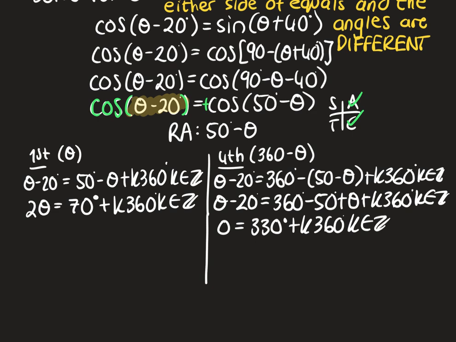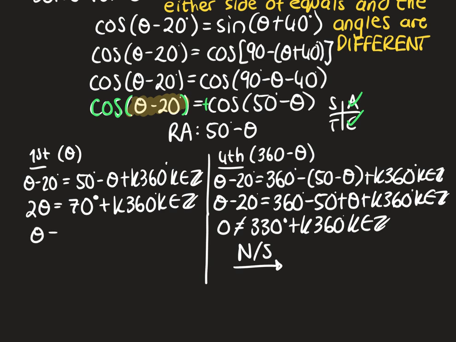So if the thetas cancel, guys, that means there's no solution on this side, okay? Because obviously, remember, in normal equations, when your x's cancel out, or your variables cancel out, and it's 0 equaling a number, that doesn't make sense, right? Because 0 can never equal 330 plus K360. So no solution for the fourth quadrant, but we can continue to carry on in the first quadrant.